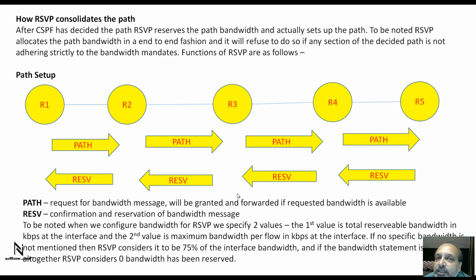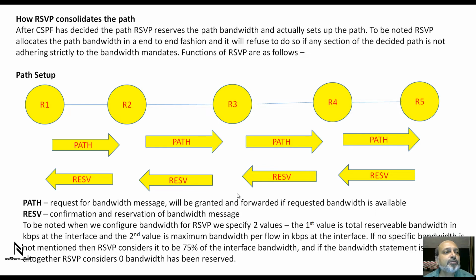That definitely is not done by CSPF or IGP. It is actually done by RSVP, right? So if you consider IGP as the information gatherer, CSPF as the design engineer, then RSVP is actually the site engineer, who is building the path, isn't it?